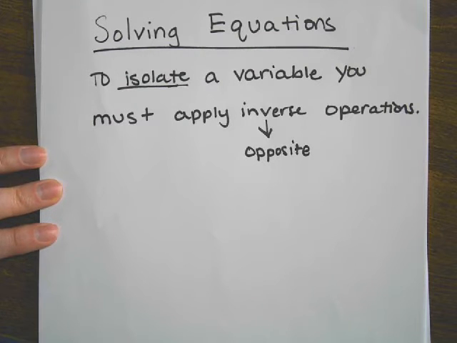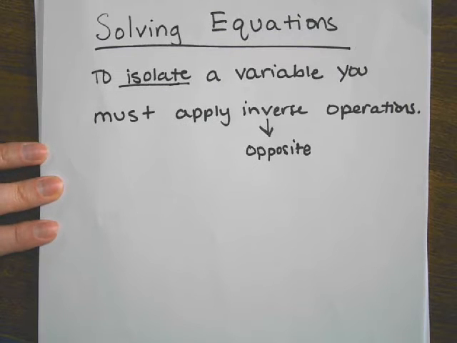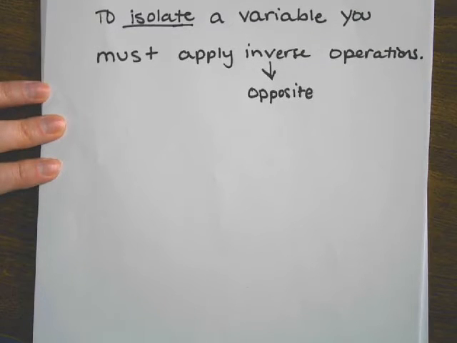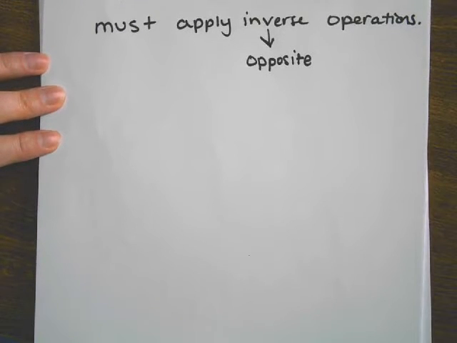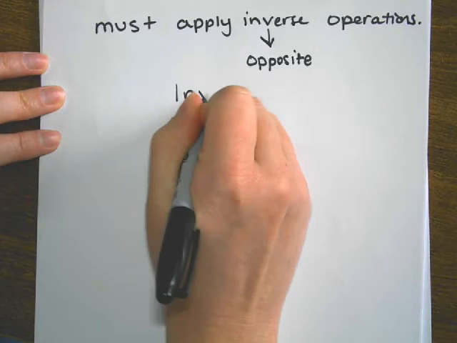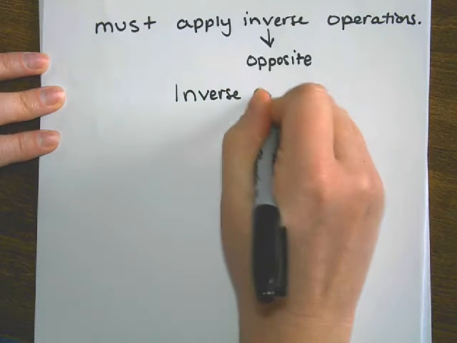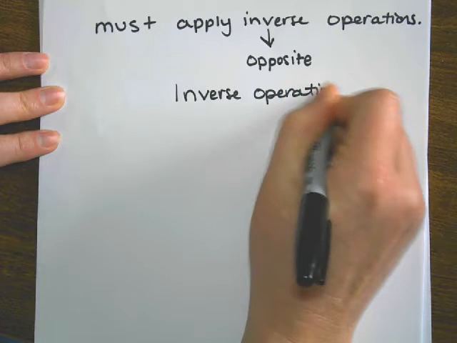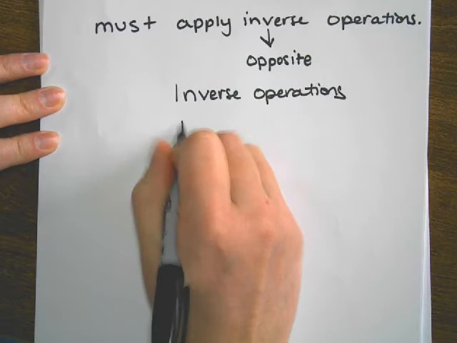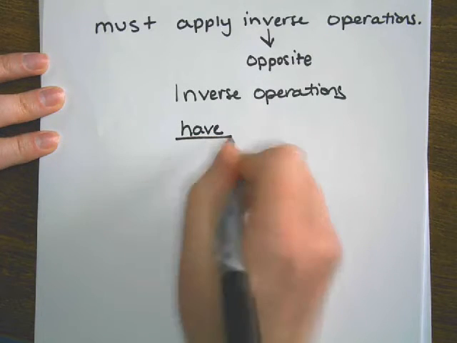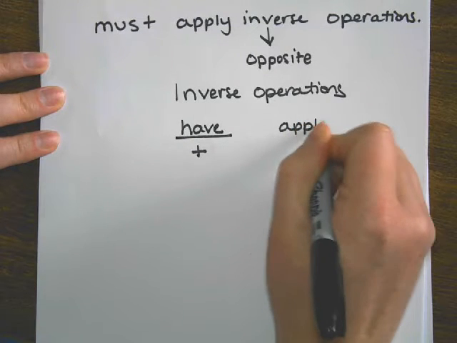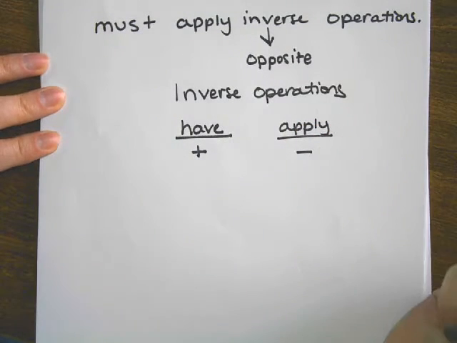In math, it's usually represented with a letter. So any problem that you have, as long as you apply the inverse, you will be able to solve for that variable. Now, I'm going to make an inverse table here. So my inverse operations. If I have addition, I'm going to apply subtraction.